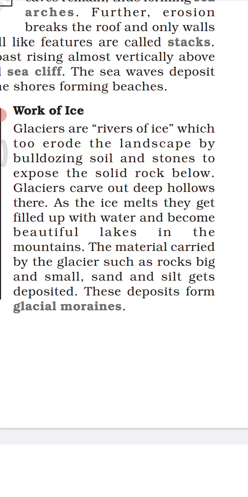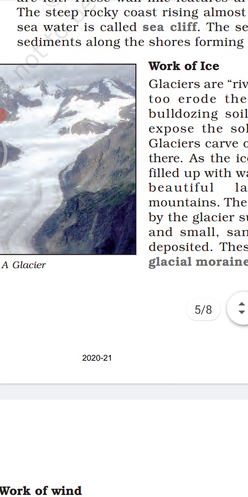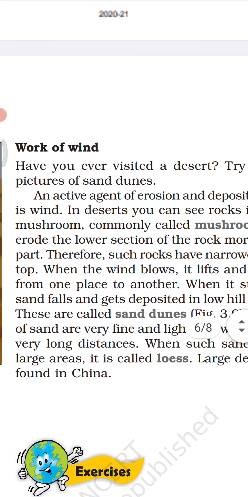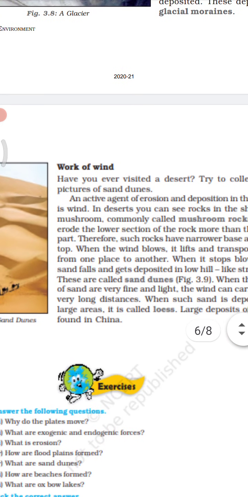And when the ice melts, these hollow places fill up with water and become lakes. The material carried by the glaciers, such as rocks, big and small, sand and silt, gets deposited. These deposits form glacier moraines. Now see one more, the work of wind. We are discussing these in short.